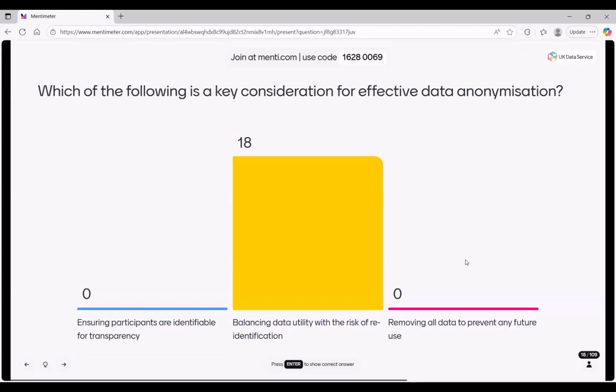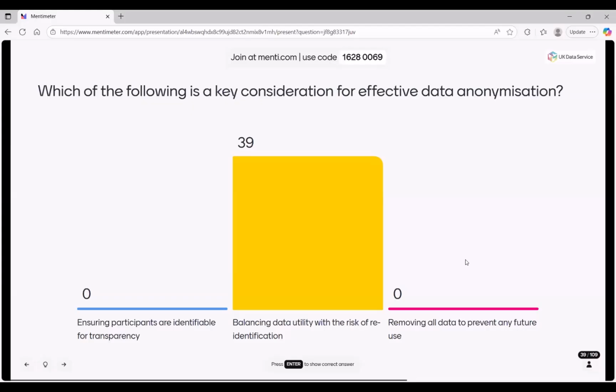Most of you have said balancing data utility with the risk of re-identification. I'm also mindful of the time as well. So all of you are almost saying that this middle one, balancing data utility with the risk of re-identification, is an important key consideration.